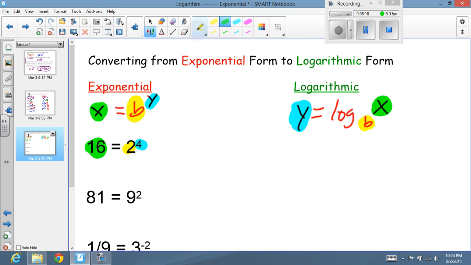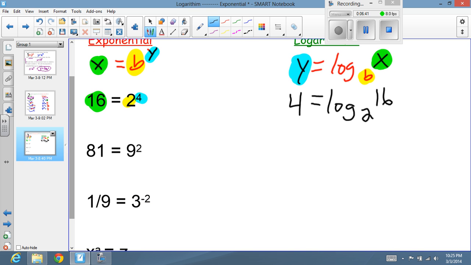So I have some things to reorder here. So it'll look like this. Since my y is the exponent 4, I'm going to have log, my base is 2, x is 16. In the next one, my y is 2, log base 9, not 18, 81.